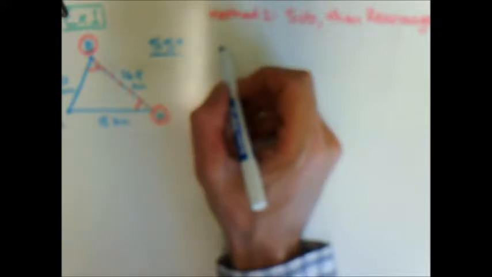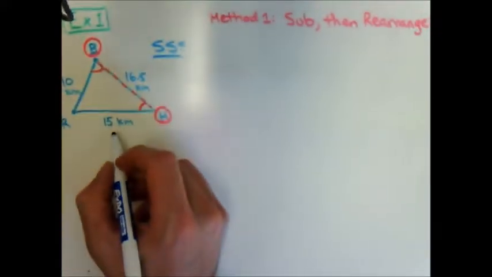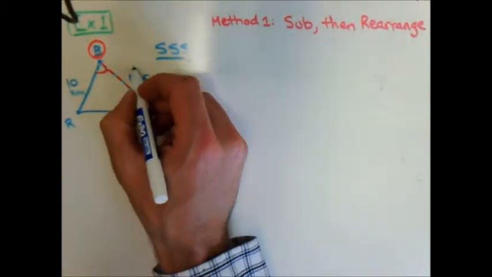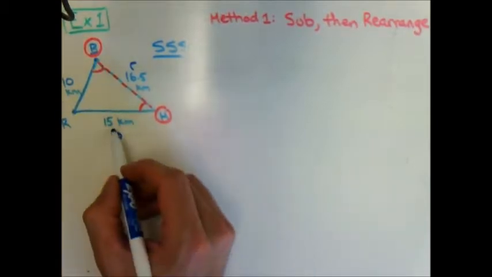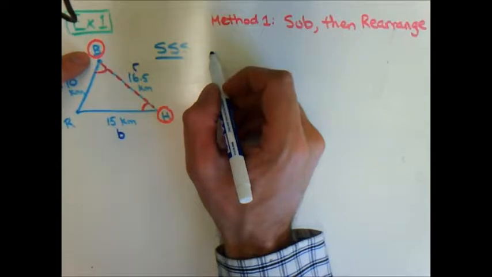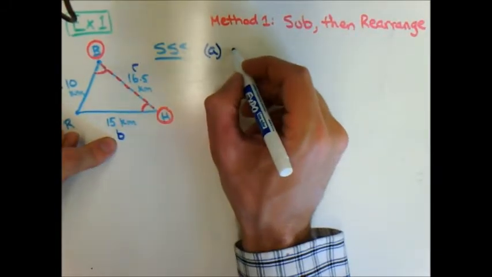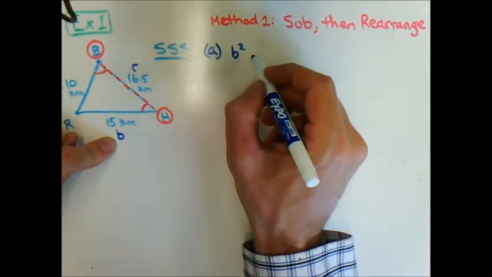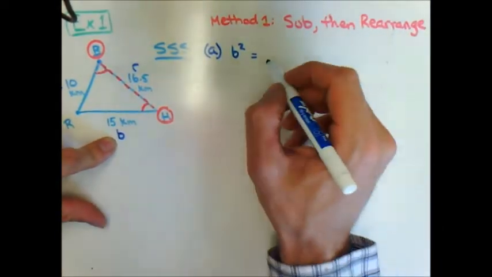Substitute, then rearrange. So we have our cosine law, and we're just going to write it as we have it, but we're going to use the labels that we have. So this is side B, this is side length R, and this is side length H. Because we're going to solve for angle B, we need to put B squared first, because cosine of B has to be our missing variable on the right side.